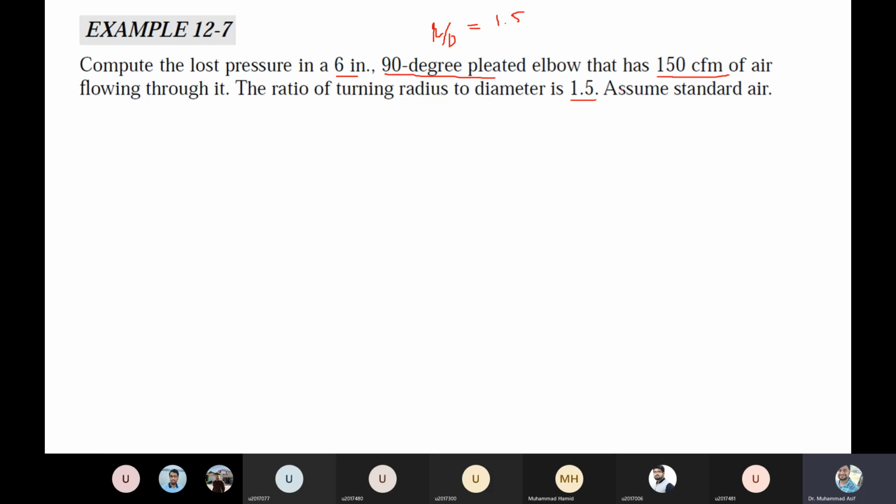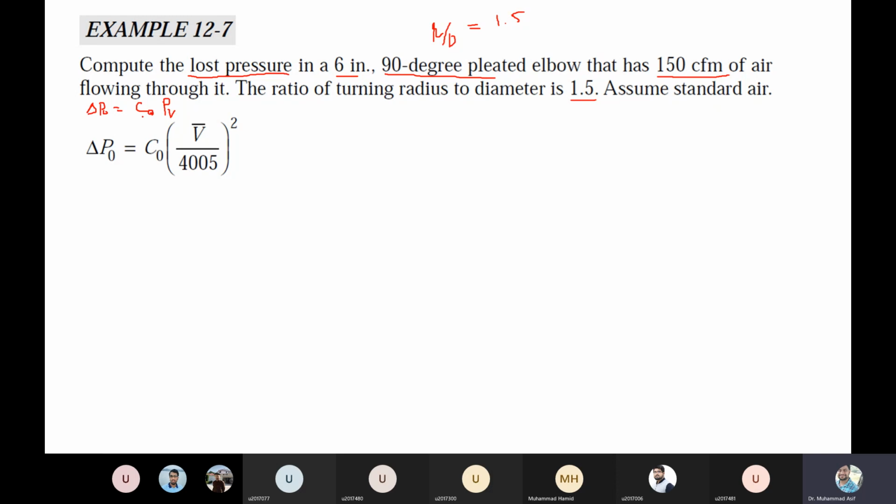So you can assume standard air. You need to know the loss pressure. How can you calculate the loss pressure as a result of an elbow? As I mentioned previously, delta P is basically C naught times PV, where PV is the velocity pressure.